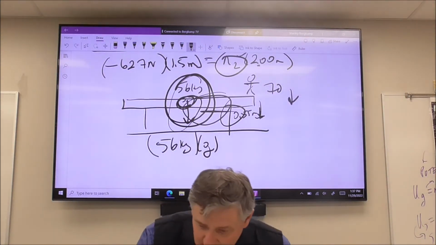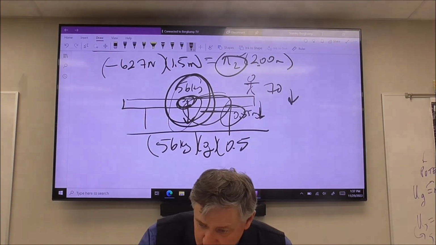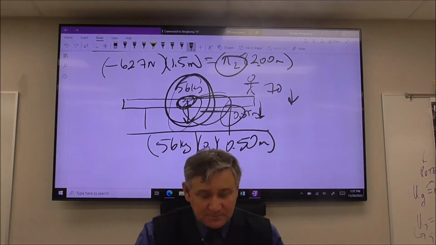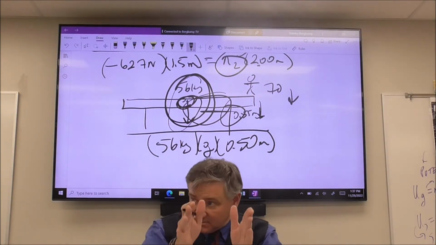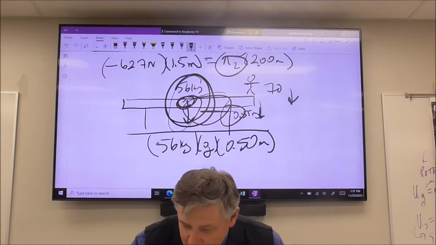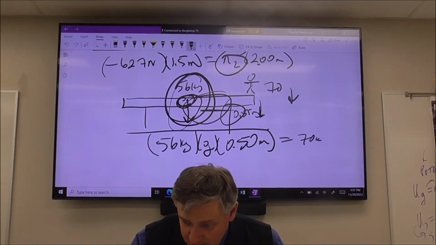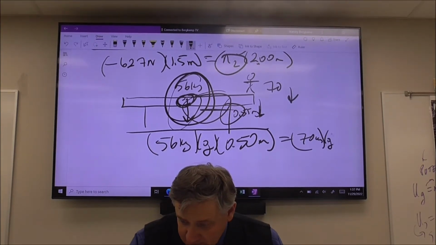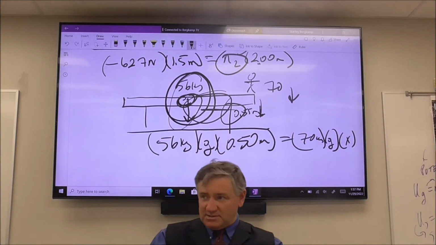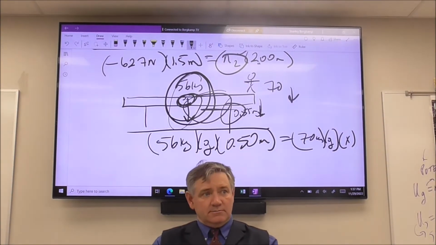If you do that math, that's 0.50 meters, okay? Because that's going to be the distance from that leg. Now, that has to equal his 70 kilograms times g times x, and x is your unknown value, okay?